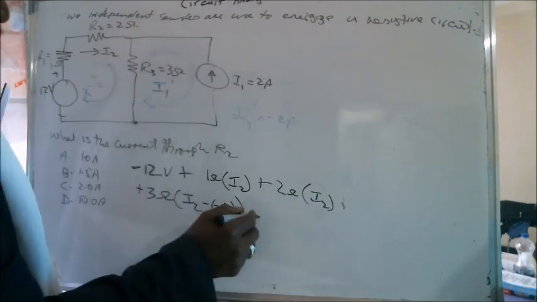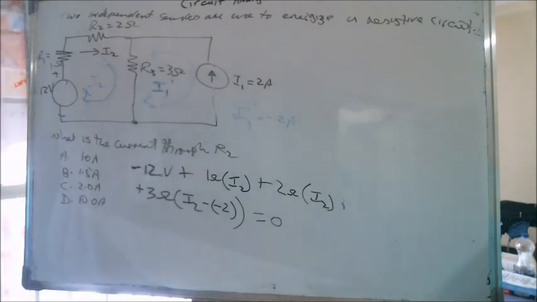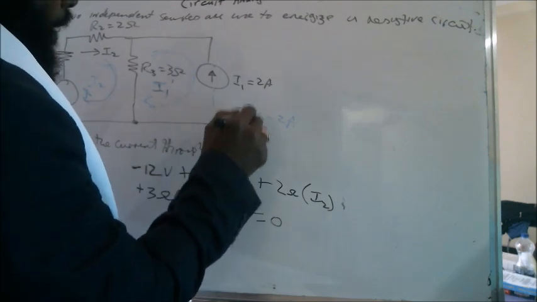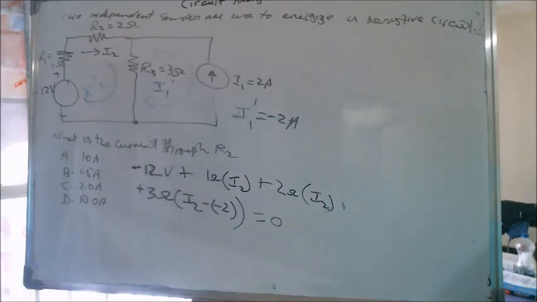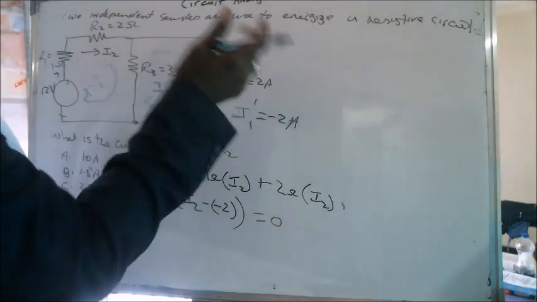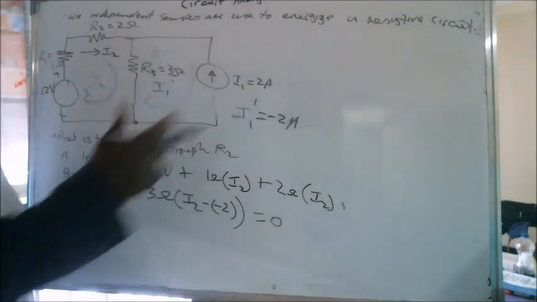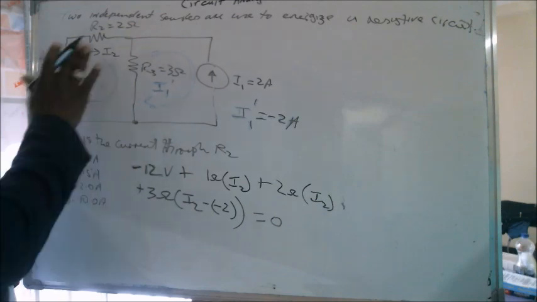On the other hand, I1 prime is equal to minus 2 amps, which is opposing the flow, as we said before. Maybe we don't even need that, because in this loop alone there's only one unknown, and that unknown is I2.